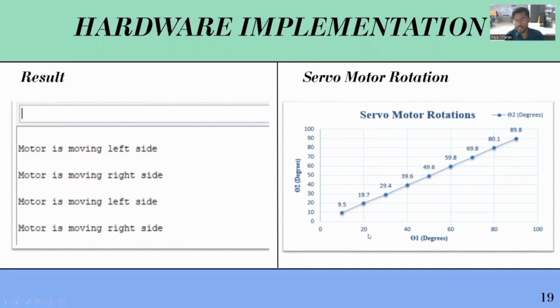If we give 20 degrees input, the servo motor rotates 9.7 degrees. This may be because we put a manipulator over the servo motor, so because of the weight of that manipulator, there may be some loss in the rotation of the servo motor.